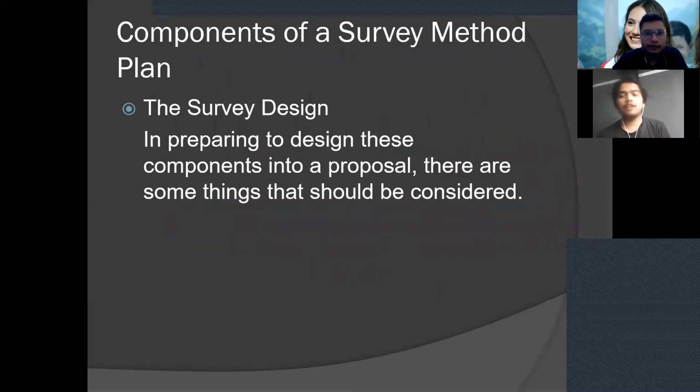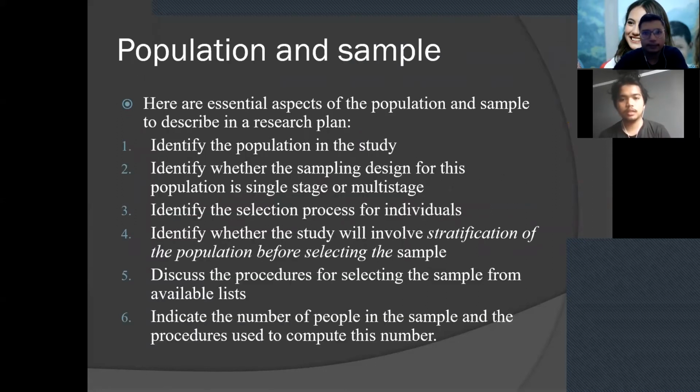And next, the components of the survey method plan. In preparing to design this component of a proposal, there are some things that should be considered. First, there is the population and the sample.